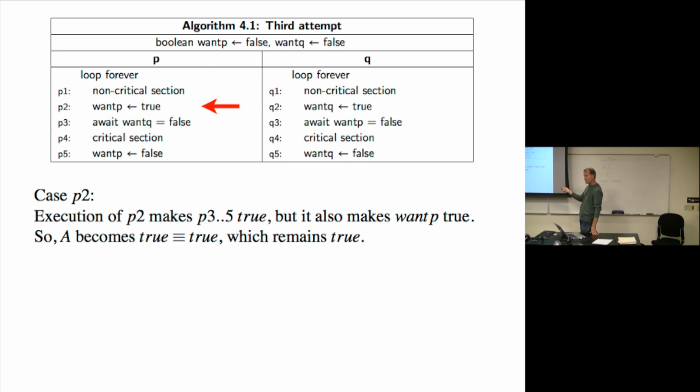Are you with me? But execution of P2 also does what? Yes, it makes want P true. So A becomes what? True equivalent to true. But what do you know about true equivalent to true? That's true.